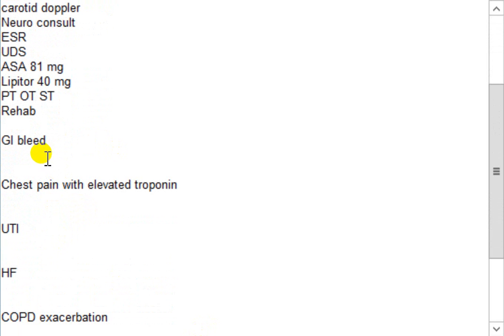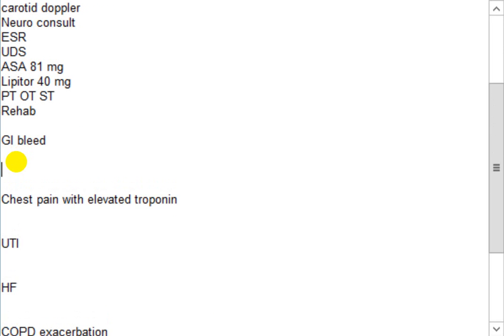So for someone that comes in with GI bleed, usually try to find out what caused the GI bleed. Are they taking ibuprofen? Are they taking aspirin? Anything like that. So what you would do, you hold the aspirin if they're on aspirin, or NSAIDs, okay?